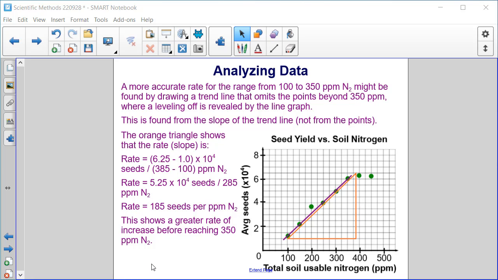And our rate here is, for each additional part per million of nitrogen, we get an increase of 185 seeds. This is a greater rate than we calculated on the previous slide before reaching the 350 parts per million of nitrogen, before that leveling off happens.